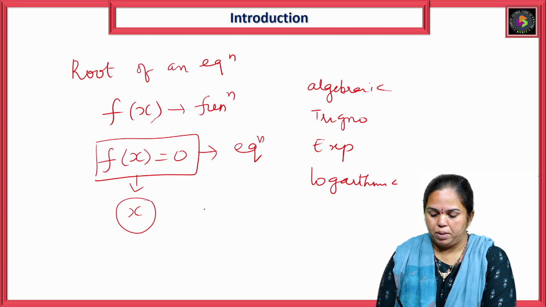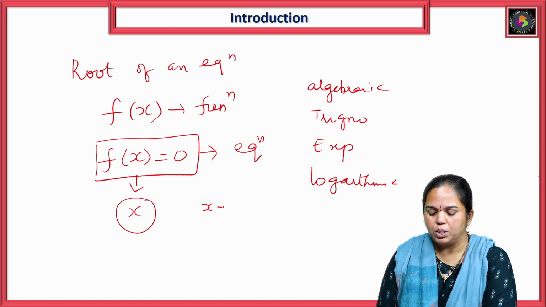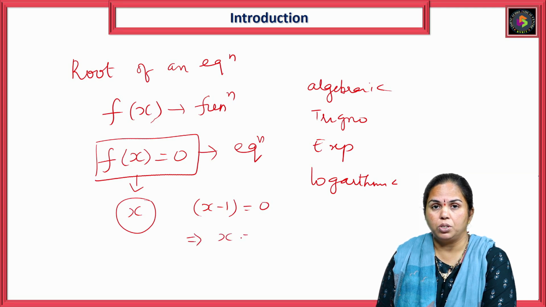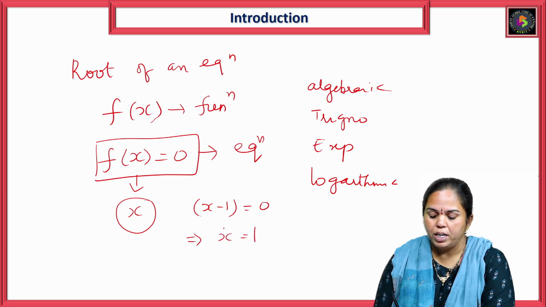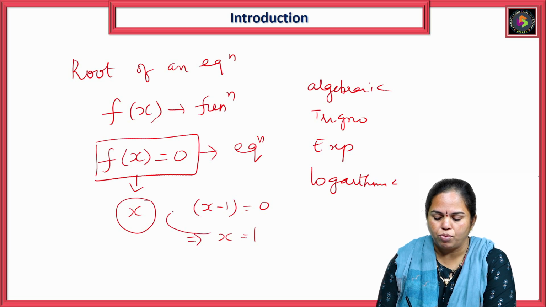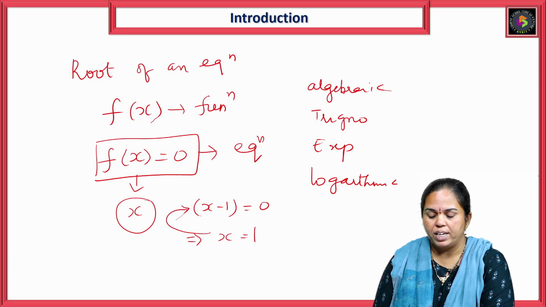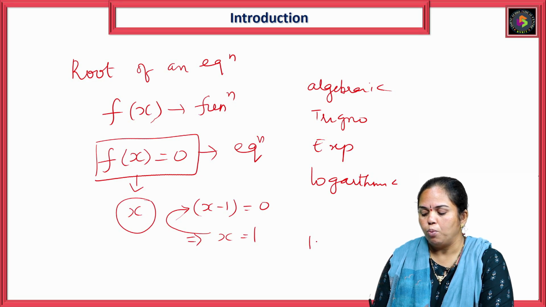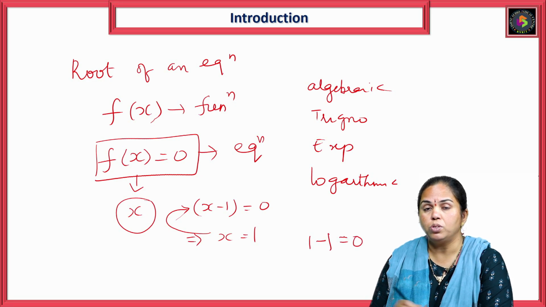A small example. If we have x minus 1 equal to 0, then what is the value of x? x is equal to 1. If I resubstitute the value x is equal to 1 in this equation, on the left hand side I will get 1 minus 1, which is equal to 0.